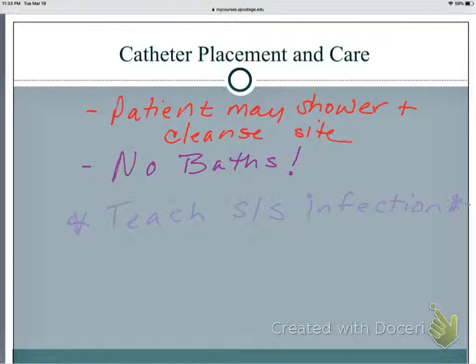So what are we looking for? Right, around the site area, some redness, drainage, right? Temperature, right? If a patient has a fever, you might see an increased white count, right? All those signs of infection. And with peritonitis, we're going to talk about that too, but in particular for peritonitis, you'll see cloudy effluent, okay?